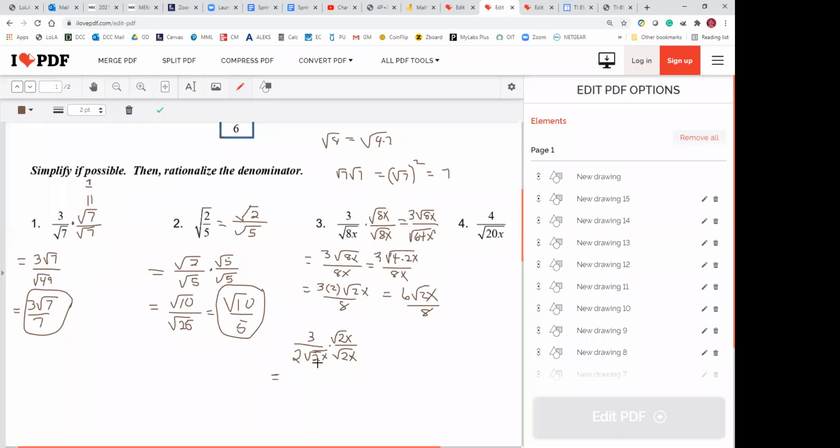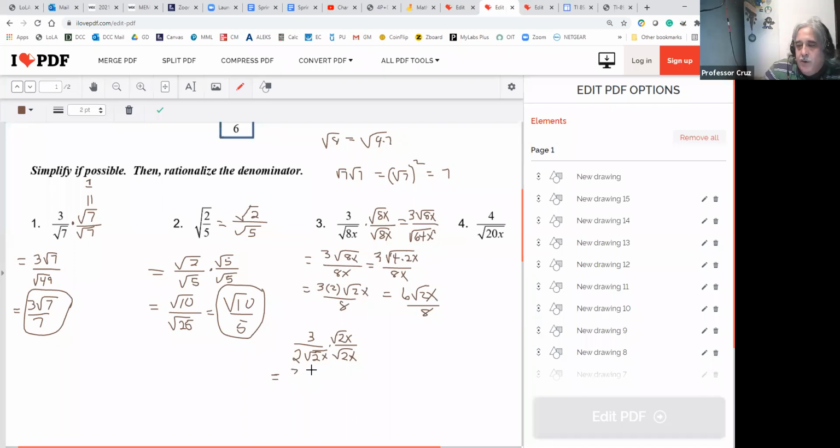All right. This is 3 square root of 2x, and then this is 2 times 2x. Oh, wait a minute. There was an x down here. I'm sorry. I forgot about it.